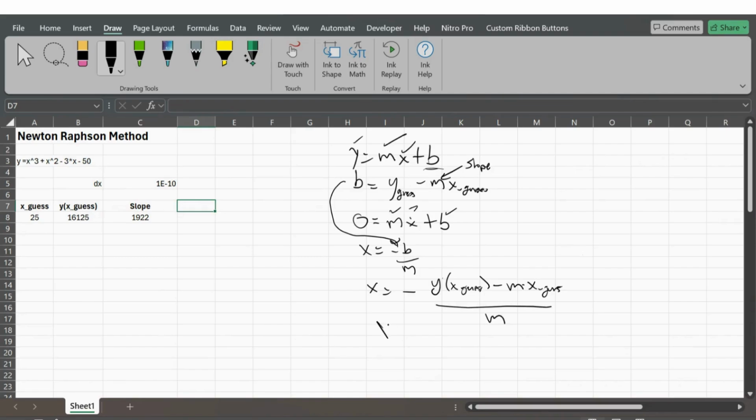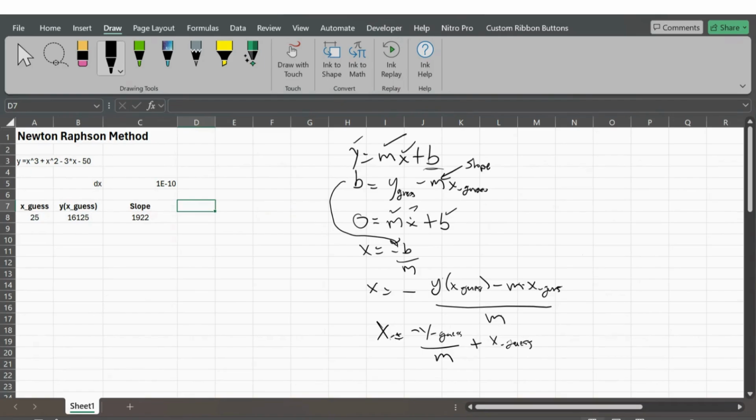And then if we one more time simplify this, we get negative y of, I'm just going to call it y guess again because it's shorter, over m plus, because these negative signs will cancel out and make a plus. These m's will cancel out, and we just get x guess.